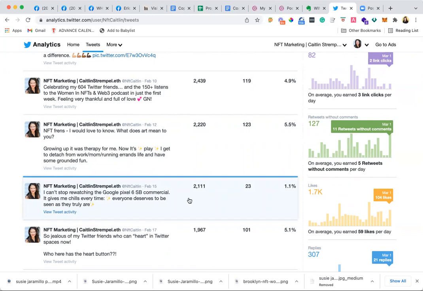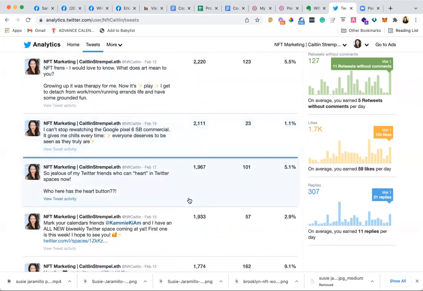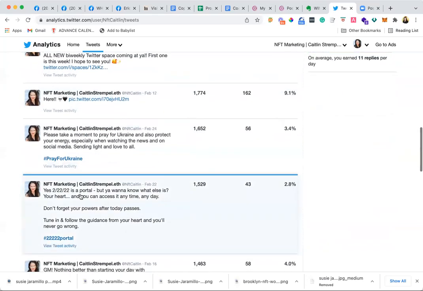Another one was about the portal. This got pretty low engagement too. I used the hashtag and it was something relevant during the times, so it got pushed out, but I don't think it totally hit home with most of my followers, because it is very niche and based on this portal.